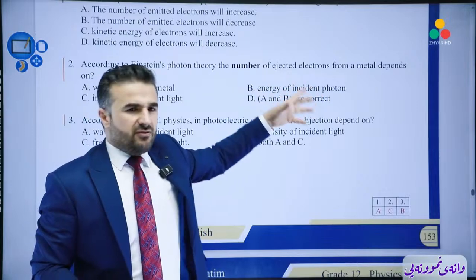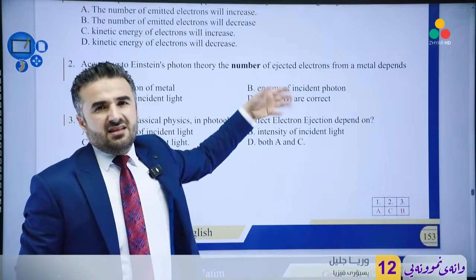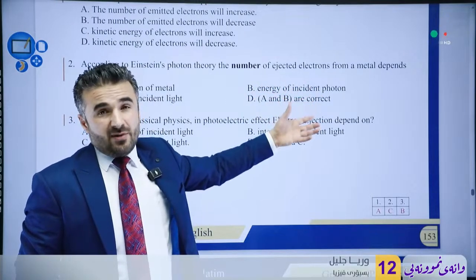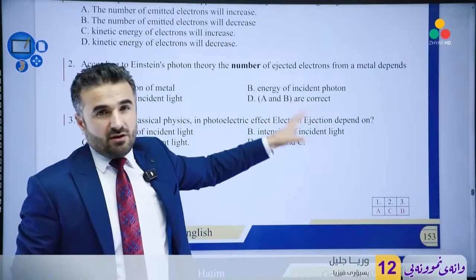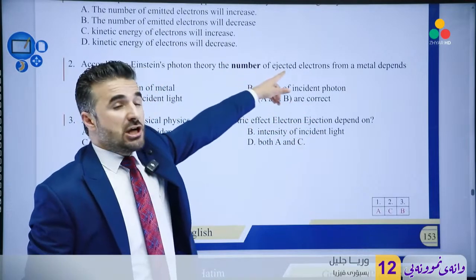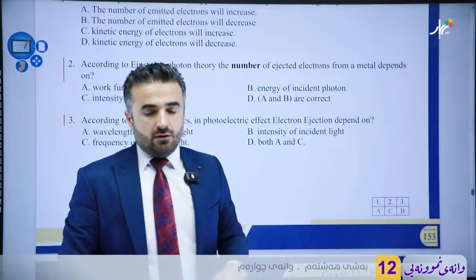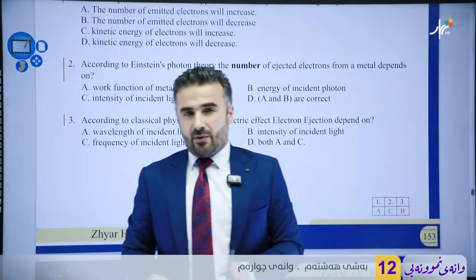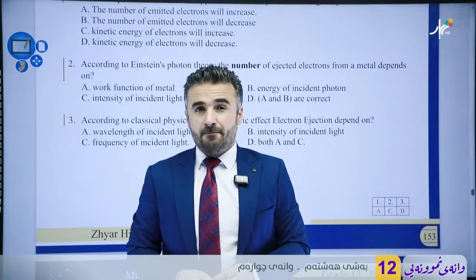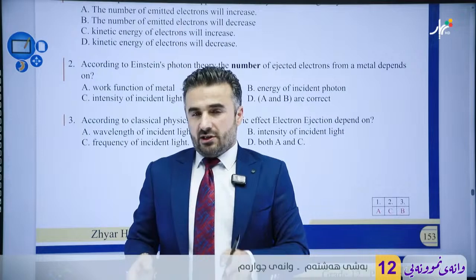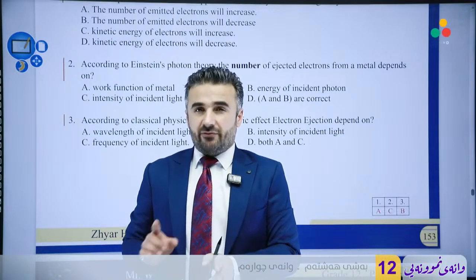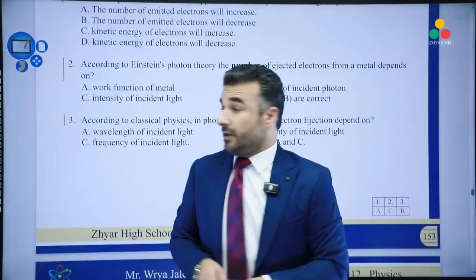That would be like the maximum kinetic energy of the electron, but that is not the case. It says the number of ejected electrons, so the number of ejected electrons is directly proportional to the intensity, assuming the light frequency exceeds the threshold frequency.